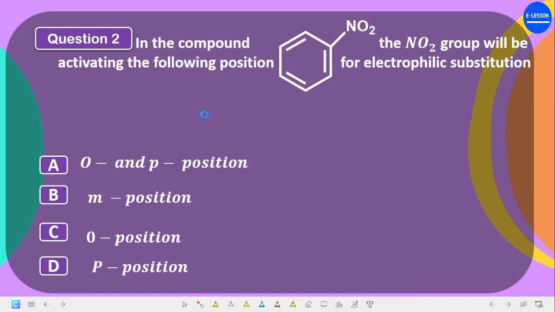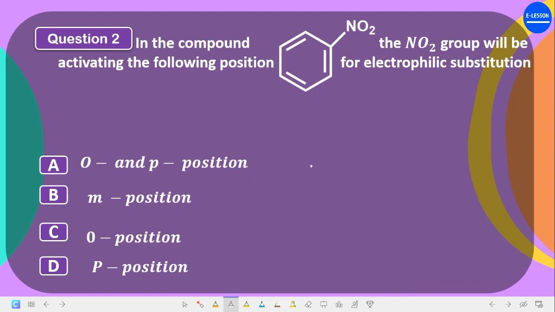The next one says, in the following compound, the NO2 group will be deactivating the following position for electrophilic substitution. The correct answer is that NO2 is deactivating.